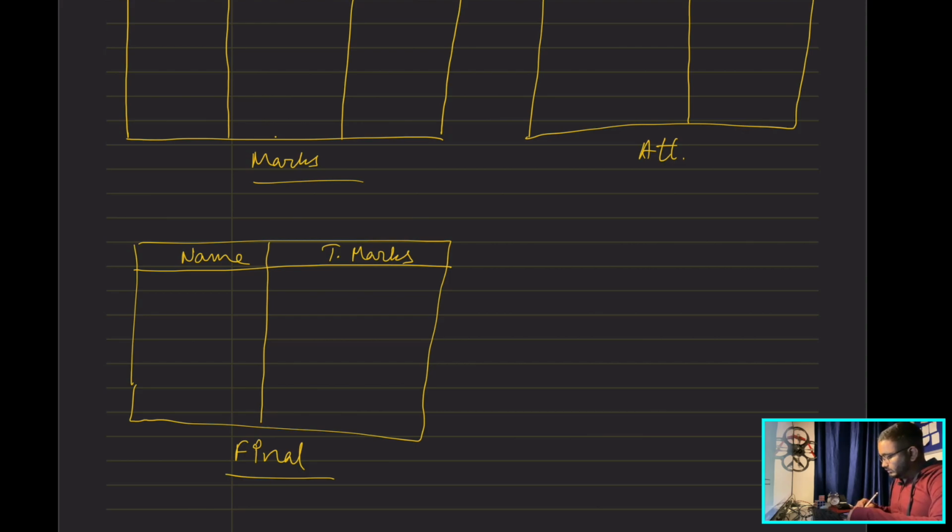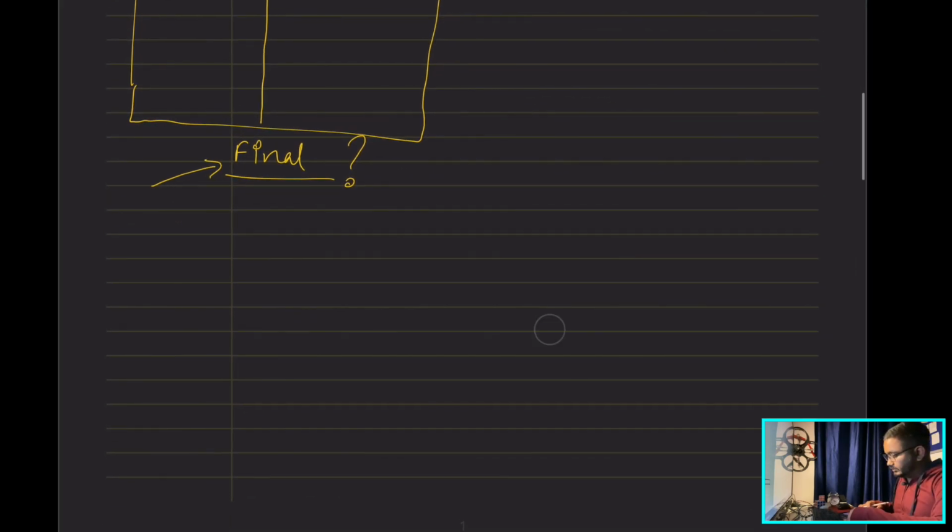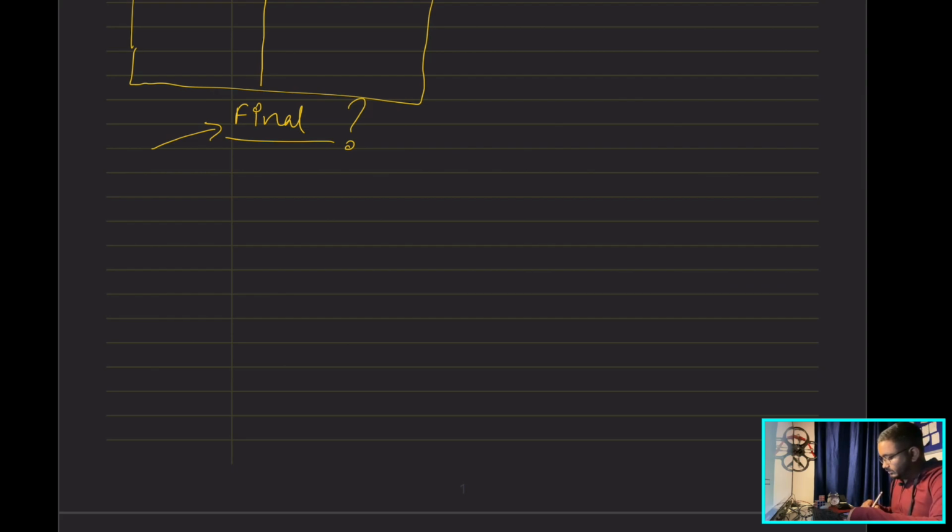The total marks are created based on the results from these two sheets, and the name tag we are getting from which is shared by both the tables, that is the marks and the attendance one. Now the question here is how the teacher will create this final sheet. What are the possibilities? So there are two basic possibilities how the teacher can create this final sheet.